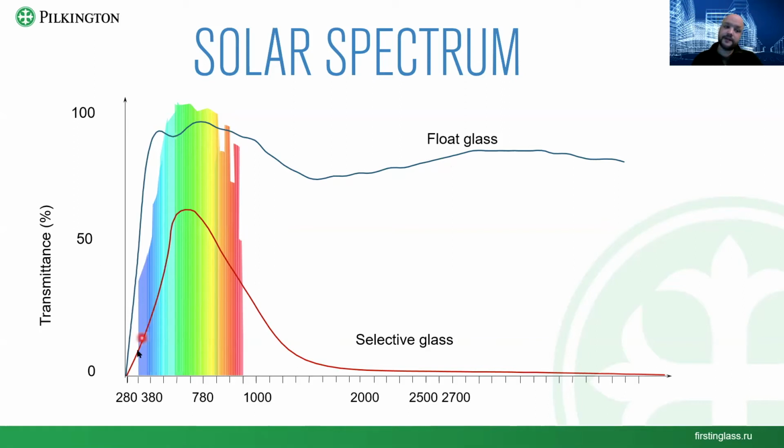That means the glass with the coating will transmit a lot of radiation in the visible spectrum, while reflecting back a lot of radiation in the infrared spectrum. And that is why it selectively transmits parts of the spectrum. That is why we call it selective.